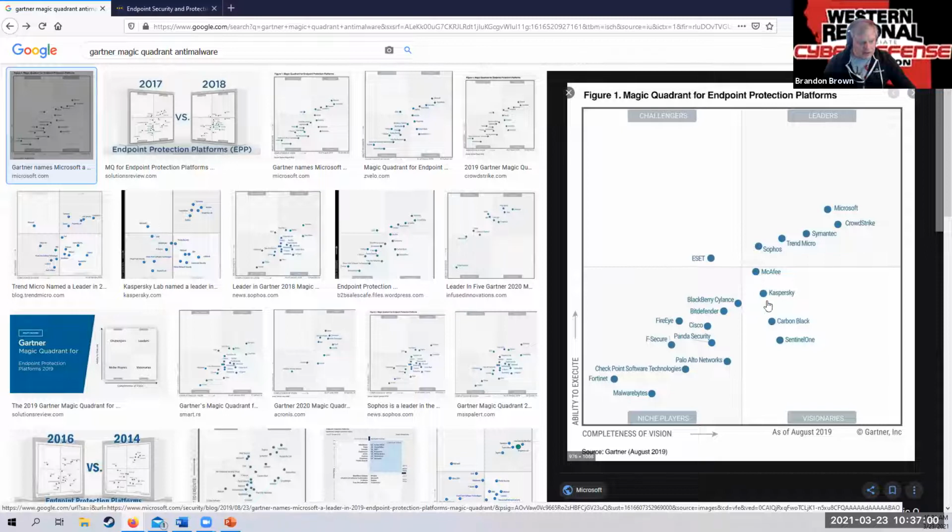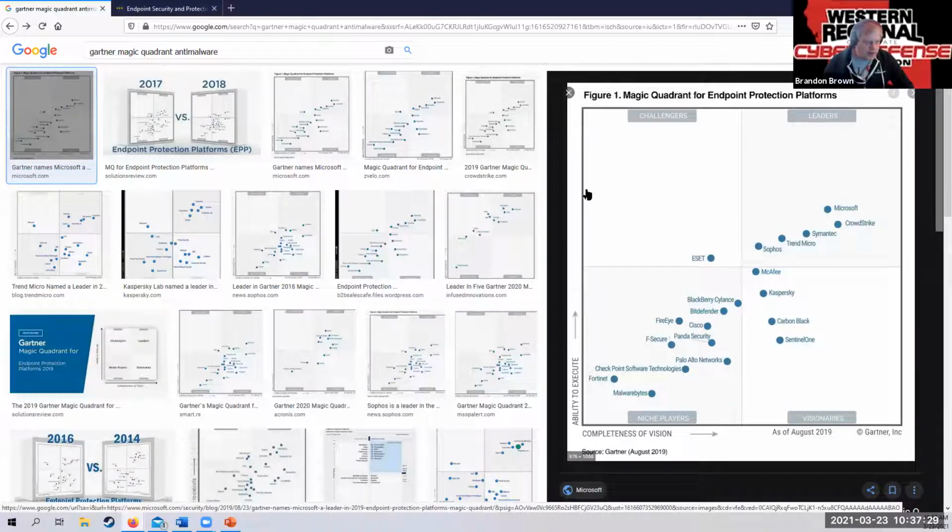The other ones, Carbon Black, Sentinel, Kaspersky, McAfee, Cylance, Bitdefender, they're all at different places on the scale. The leaders, the further up and to the right you get, the better off you are. So the completeness of vision versus the ability to execute.